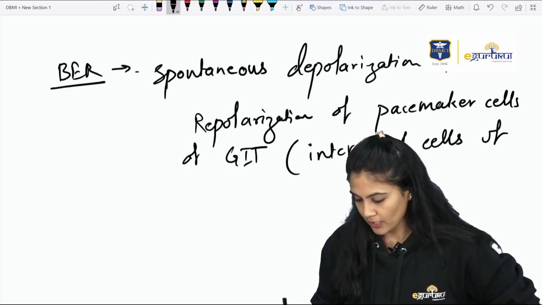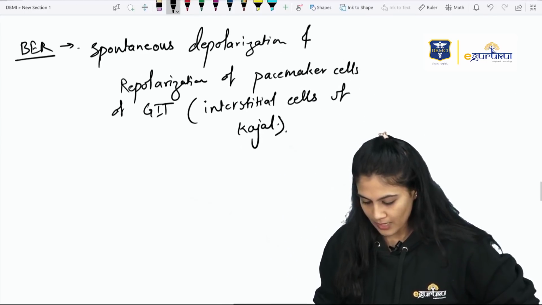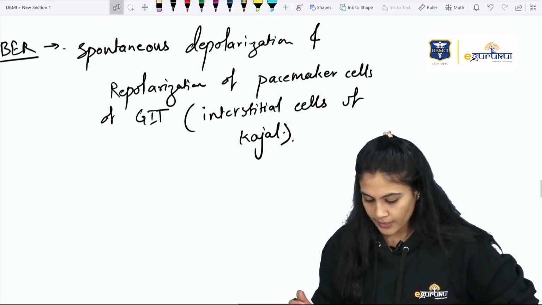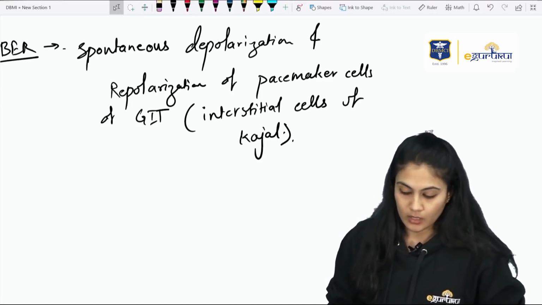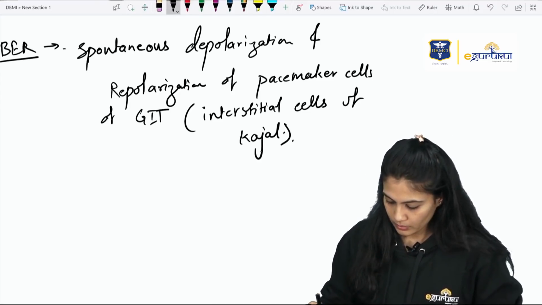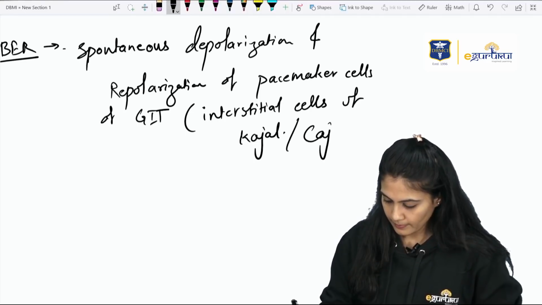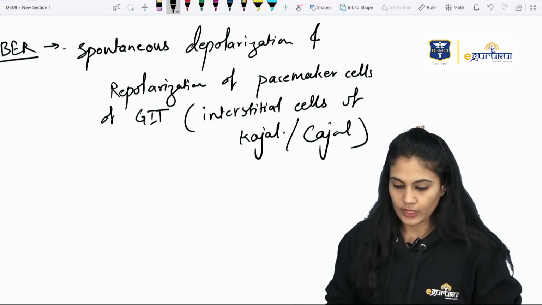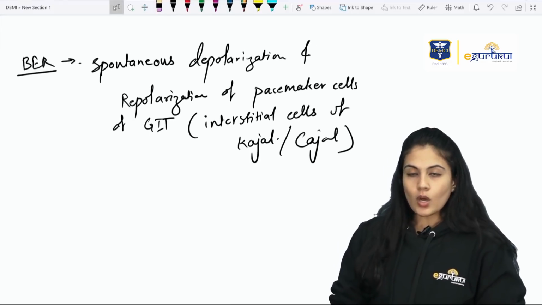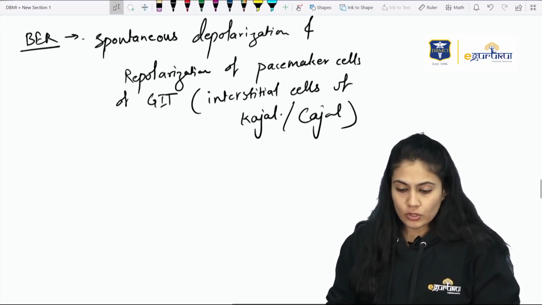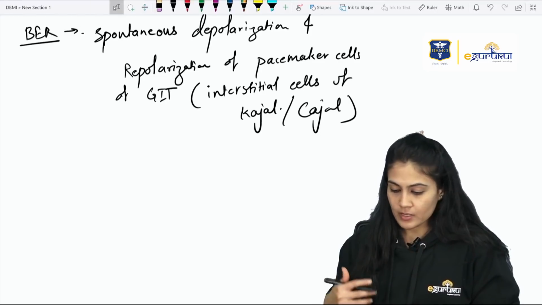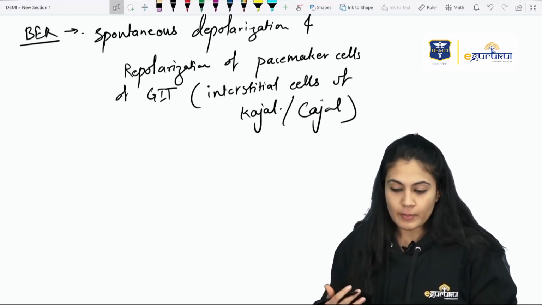It's a Spanish name, so you have to pronounce it as Cajal. Interstitial cells of Cajal, or ICC.